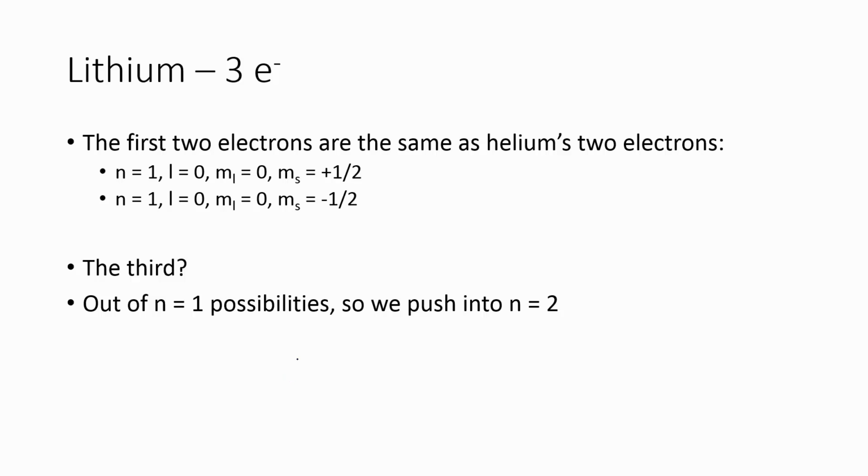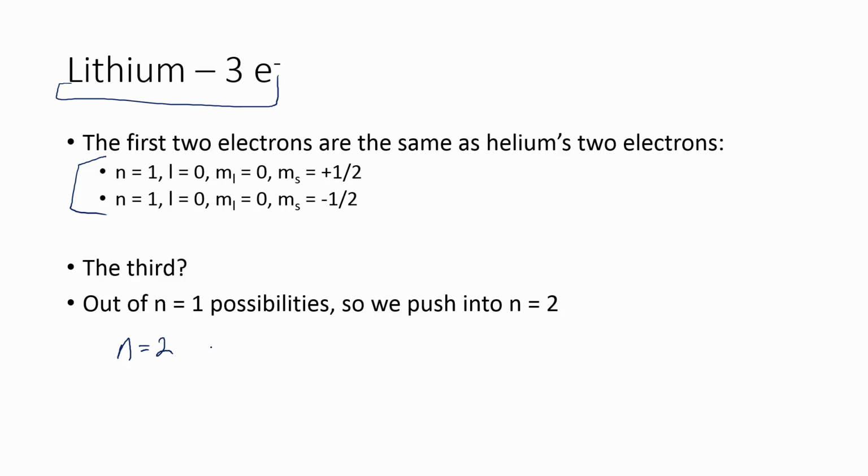Alright, the third element, lithium, we run out of n equals 1 orbitals. Okay, well, where does that third one go then? Well, the first two go into the same places as we just had for hydrogen's first atom and then lithium's 2 atoms. So the third one we have to push into n equals 2.